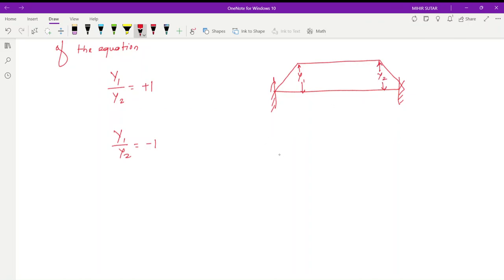For the second mode shape, this is y1, then this is y2, y1 plus and y2 minus. So the ratio will be minus 1. Okay.